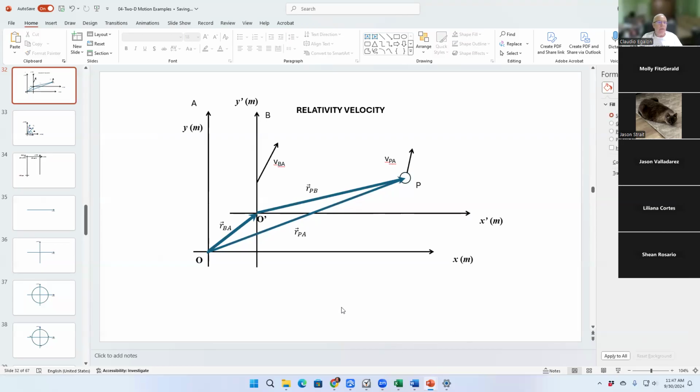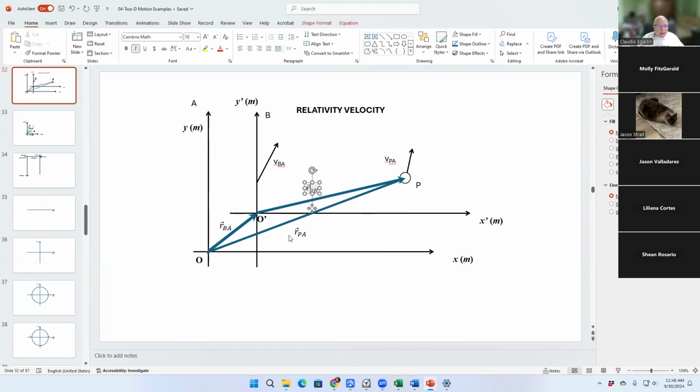Okay. So now we're going to investigate here all those vector positions. Just remember that the velocity of P with respect to A is going to be delta RPA over delta T, right? Similarly, the velocity of P with respect to B is going to be delta RPB divided by delta T, right? Make sense?